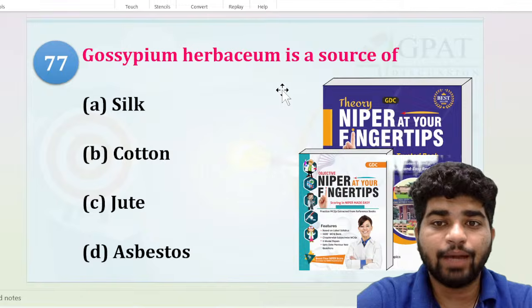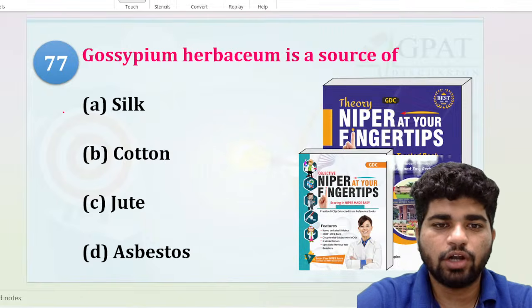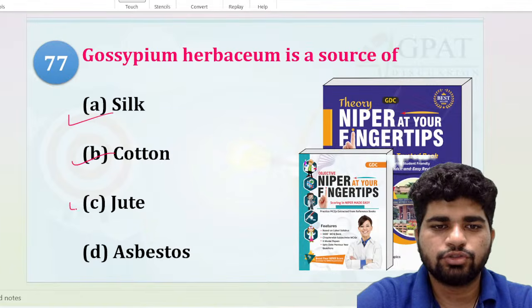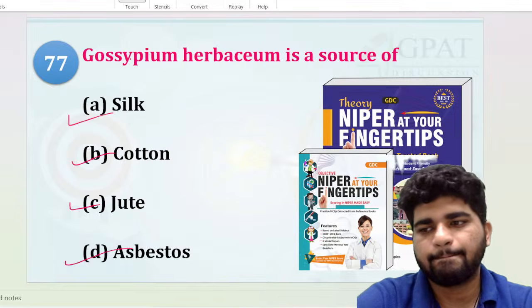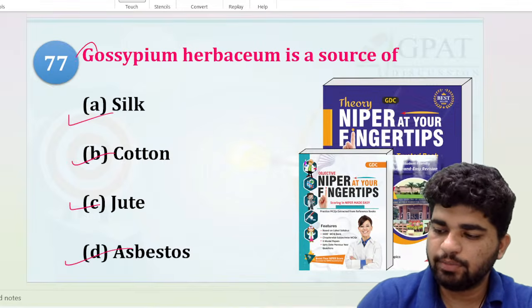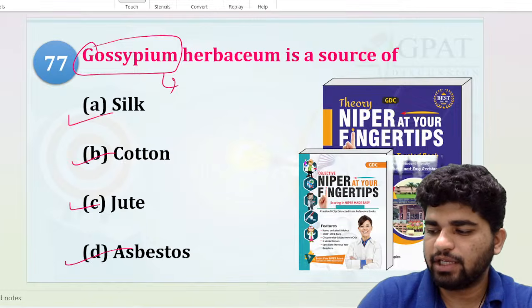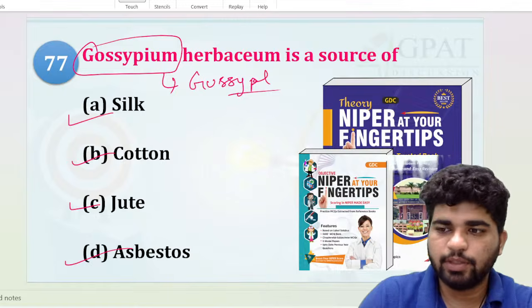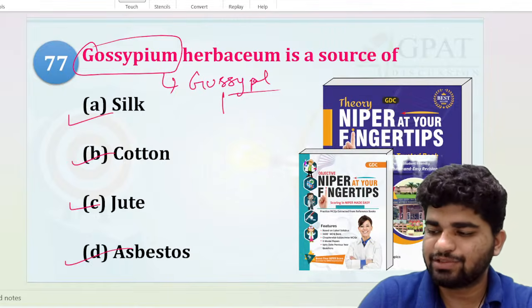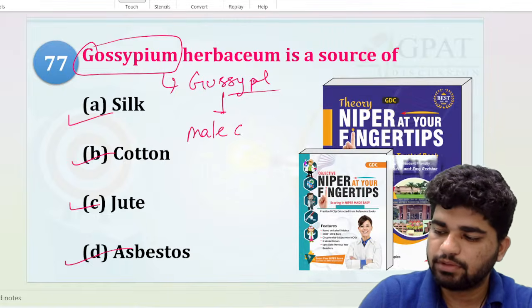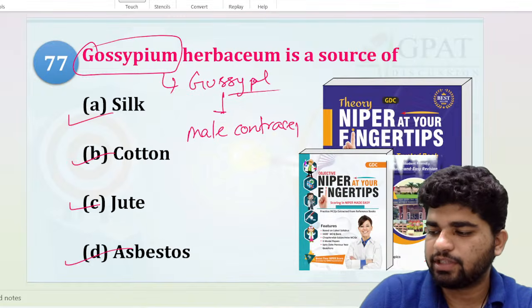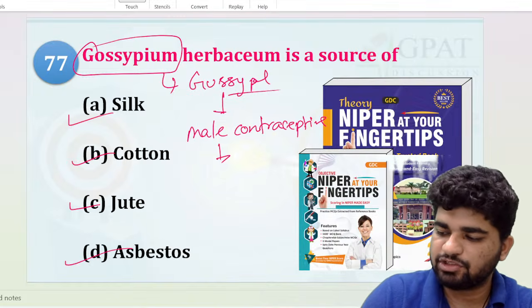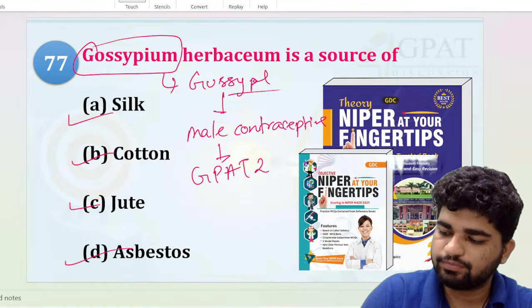Now, Gossypium herbaceum is a source of silk, cotton, jute, or asbestos. Gossypium, guys. If you remember, Gossypium gives gossypol, and this is your male contraceptive. This was asked in GPAT 2023.